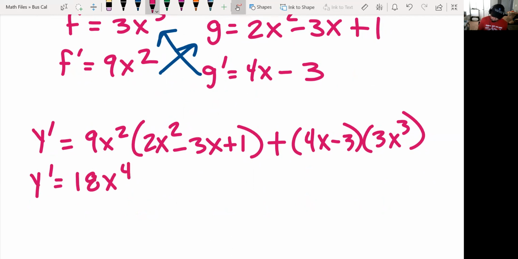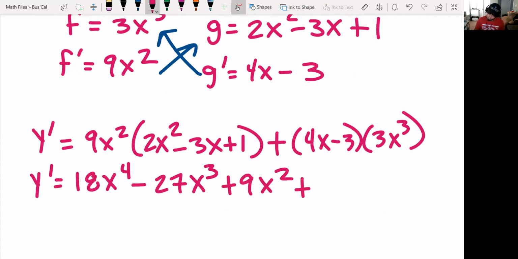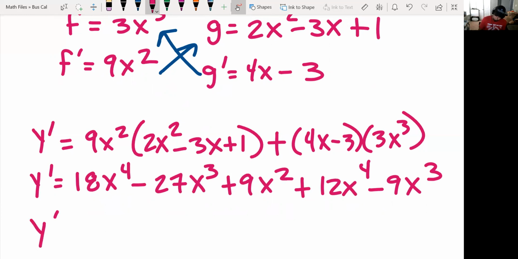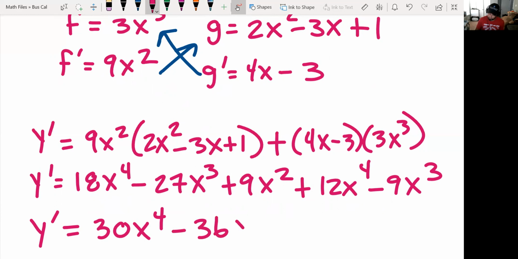18x to the 4th minus 27x cubed plus 9x squared plus 12x to the 4th minus 9x cubed. Combine like terms, 18 and 12, what's that? 30x to the 4th, negative 27x cubed, negative 9x cubed, negative 36x cubed. Let's see, so I did my 4s, so that's done.